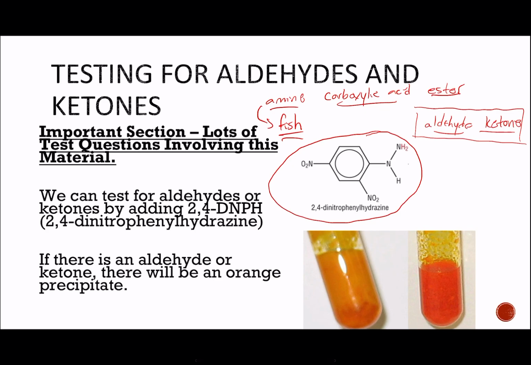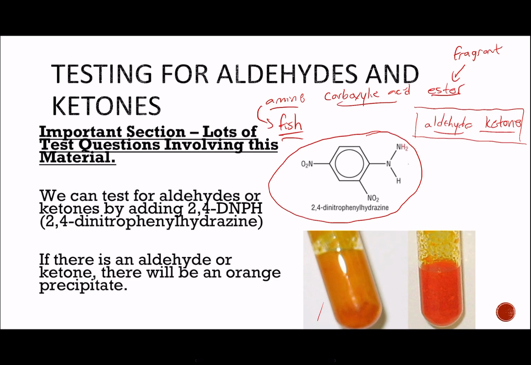And so if you have a fishy smell, that's amine. Amine is a derivative of ammonia, NH3, which has a really strong, really not a lovely smell. For esters, they usually are fragrant, meaning that esters are what gives flowers their nice smell.